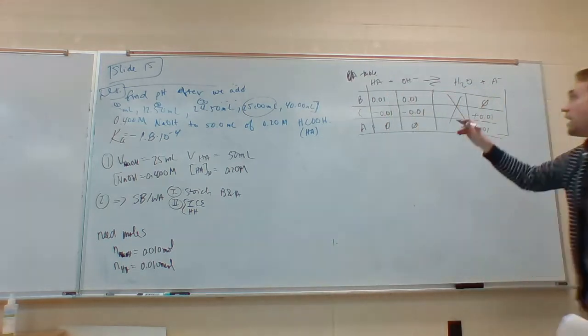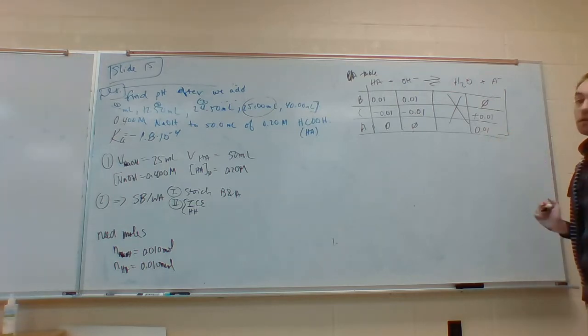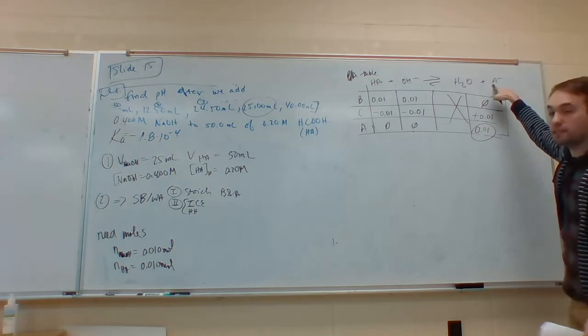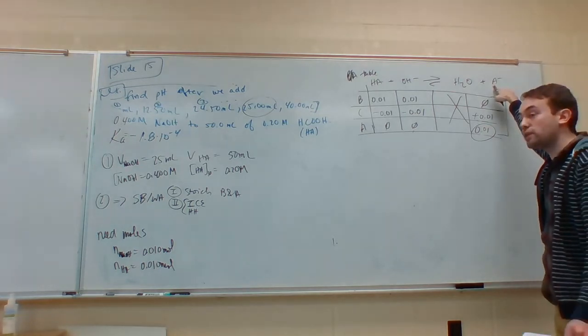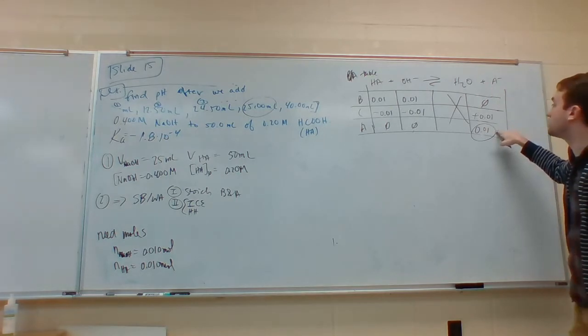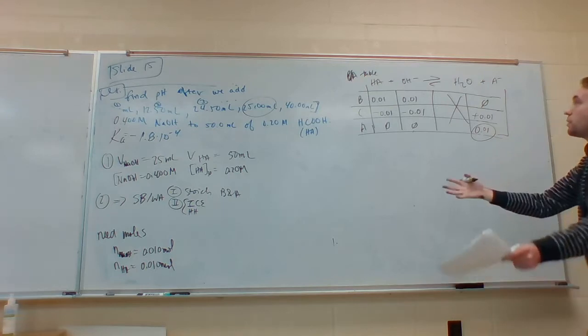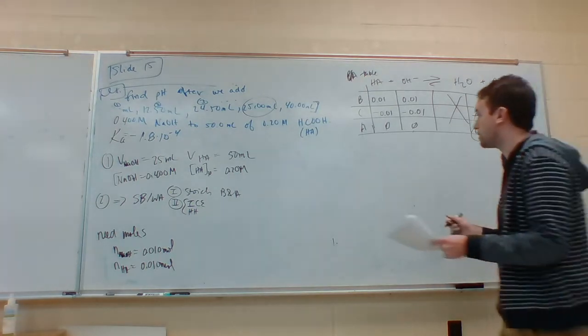So we don't have any HA or base, right? Well, what do we do now? At this point, we have to do an ICE table, but this is what's going to interact, because this is the conjugate base of a weak acid. If you remember back from our discussion of salts, if we have a conjugate base of a weak acid, it's going to pull out any of those protons that are in solution, right?